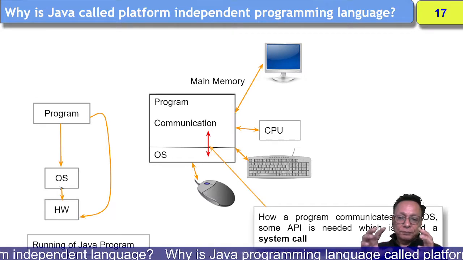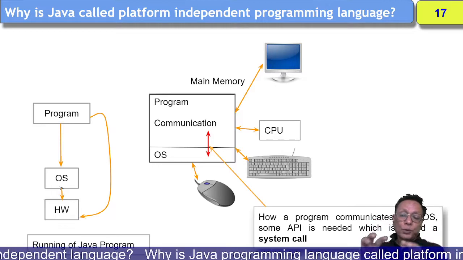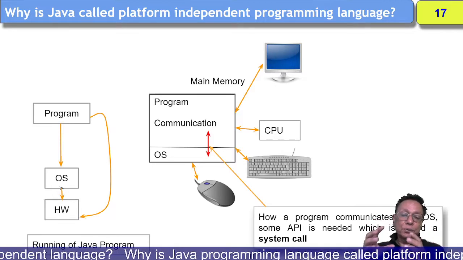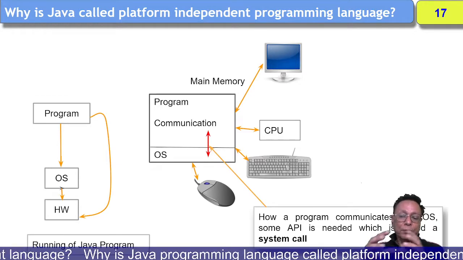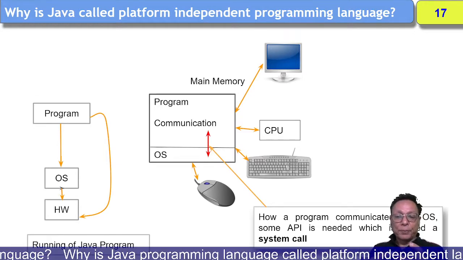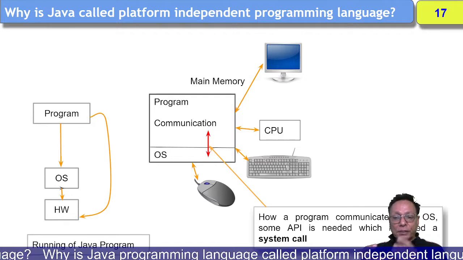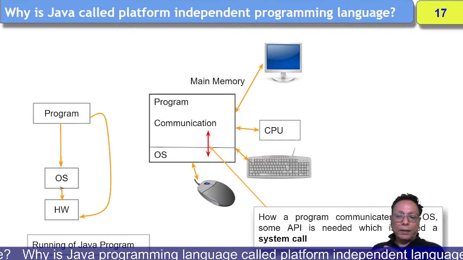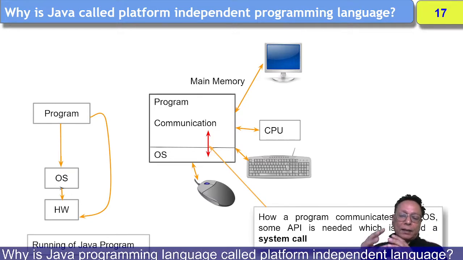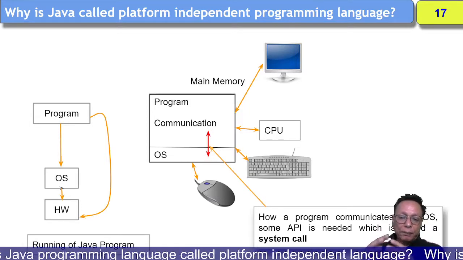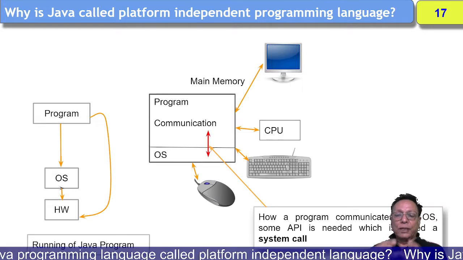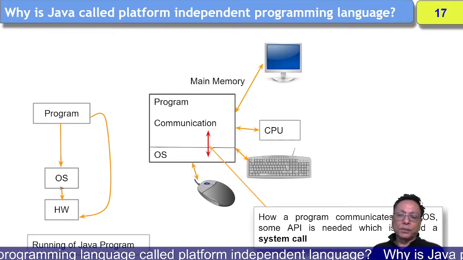If the program wants to do anything, it has to get the help of the operating system. So the program gets the operating system's help through the API, and the API helps the operating system make the resources available so that the program uses them.